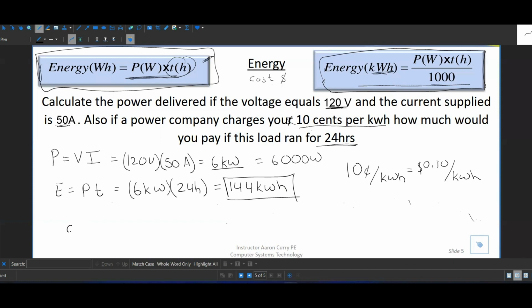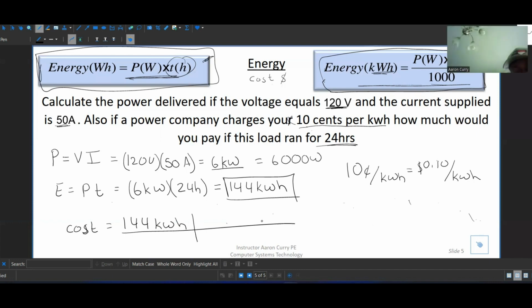So we got cost equals 144 kilowatt hours times 0.10 dollars per kilowatt hour.